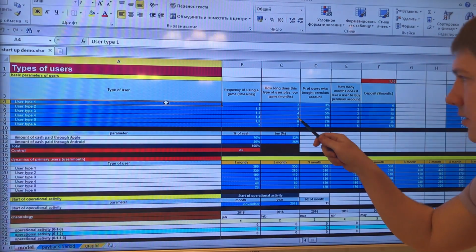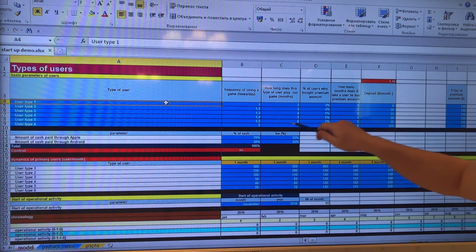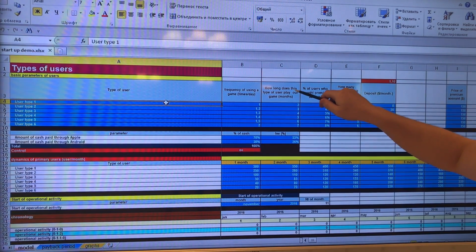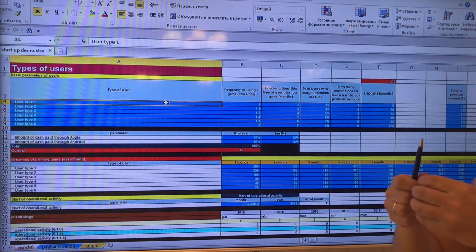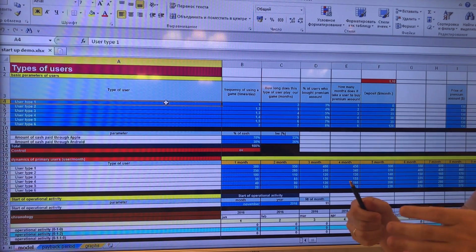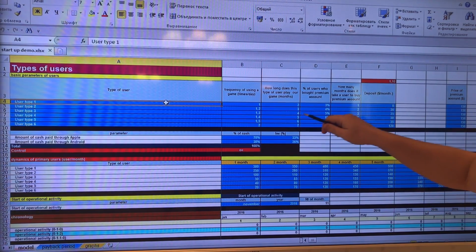In these cells we put the period of time, counted in months, that the user stays in our online game.